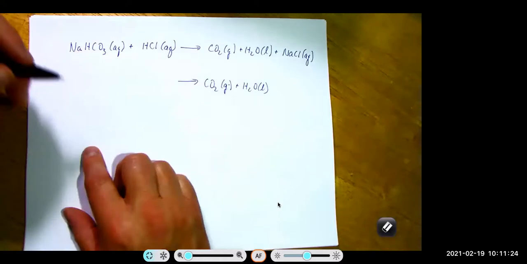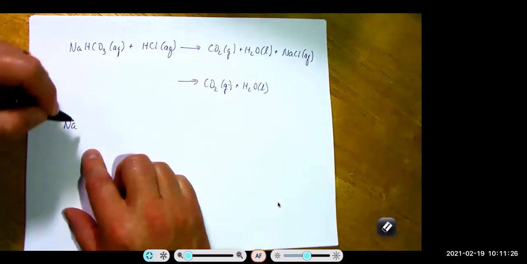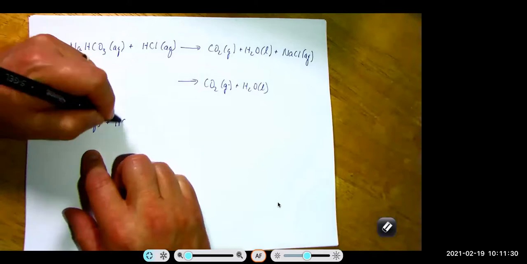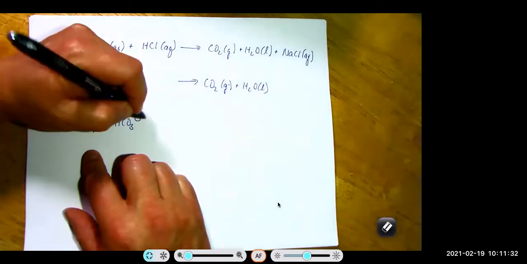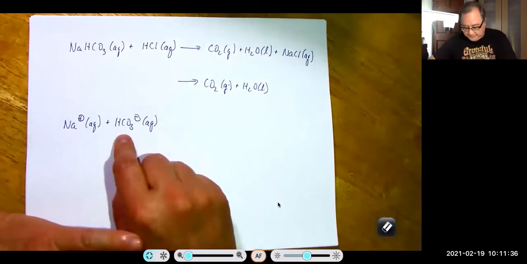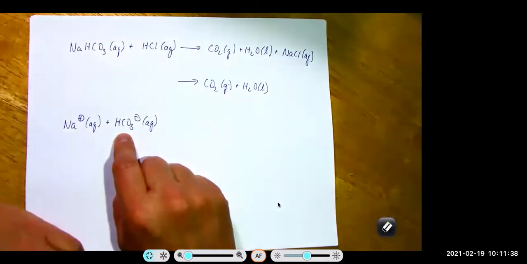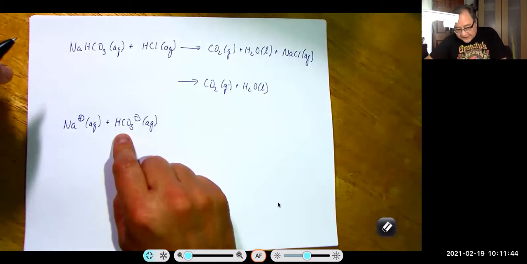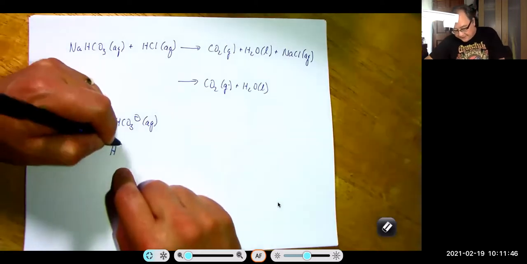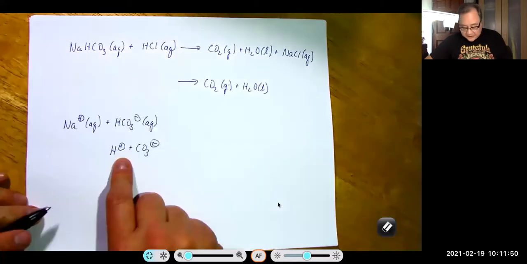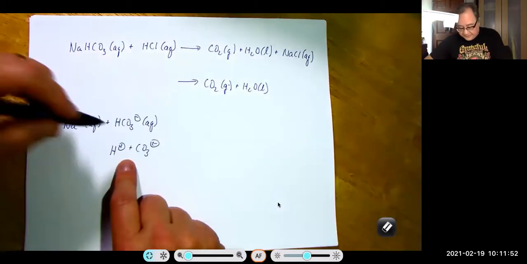Oh, okay. So it would be Na plus, H plus, and CO3 2 minus. No, it would form HCO3. Oh, okay. And the reason for that, and not H plus and CO3 2 minus, is because this is a weak acid.